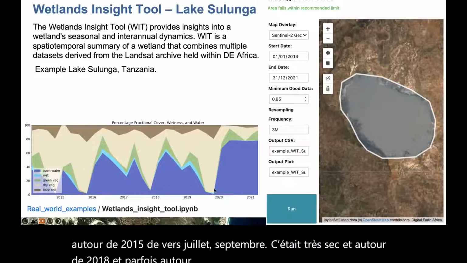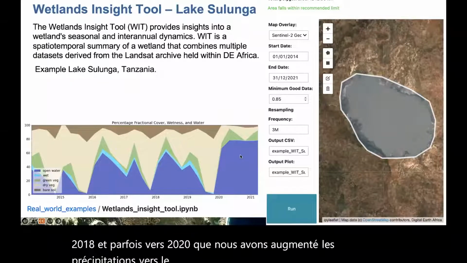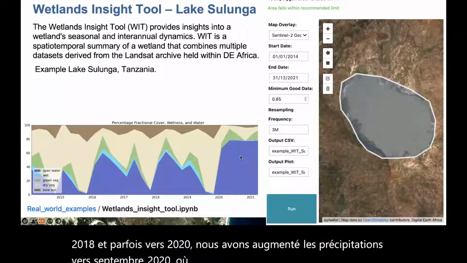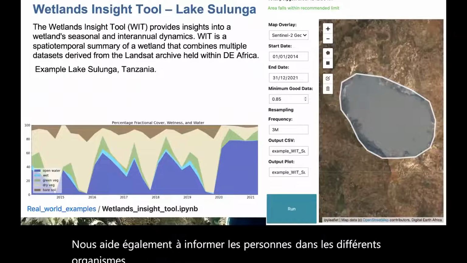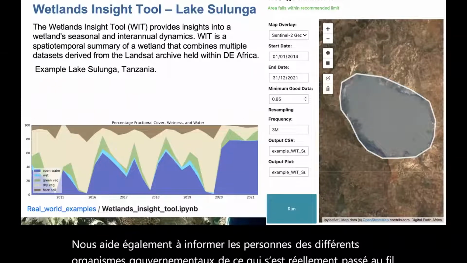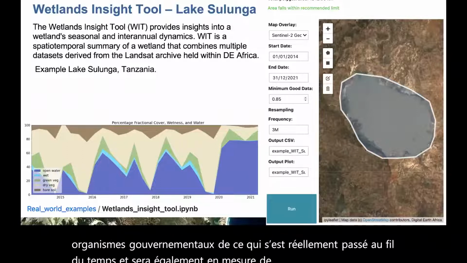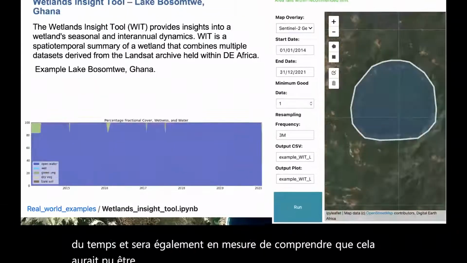Then we had increased precipitation around September 2020, where there was a case of flooding. So this also helps us to inform the persons in the various government agencies what has really happened over time, and we'll also be able to understand that this might have been reported by the communities which live around here.